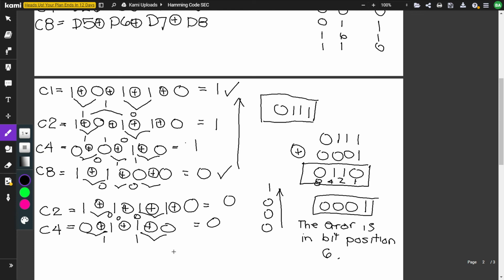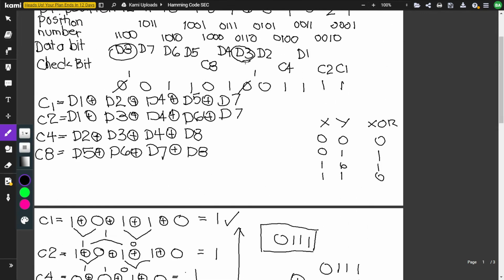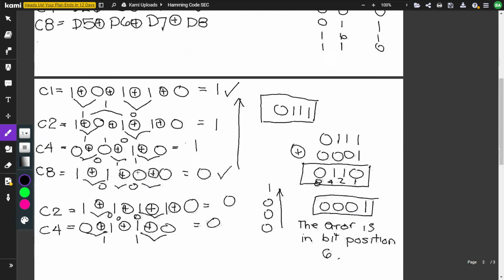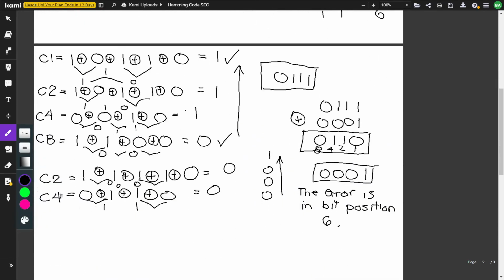And next, get the check bits of the word which has an error. But as I've said, for the first example, D3, the only check bits in the table affected by D3 are C2 and C4. So in this example, I only recalculate C2 and C4.